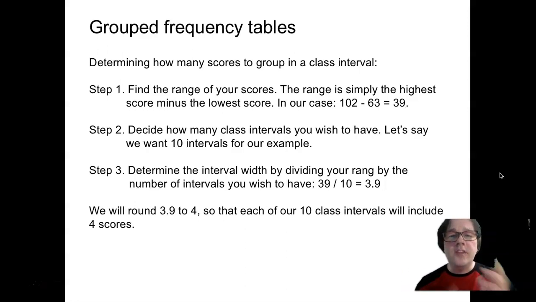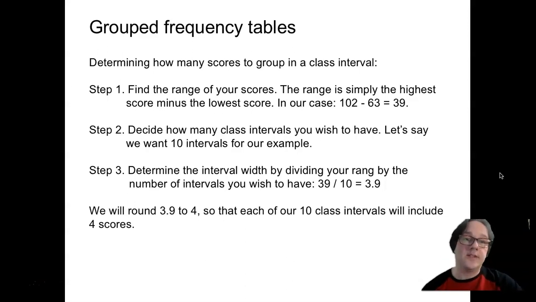So in this case, we have our highest score of 102, our lowest score is a 63, so we have a range of 39, right? The second step is to decide how many class intervals we want to have. And that's up to you. You can say I want 5, just because that's all that I want to draw out, right? Let's say for our example, we'll go with 10.